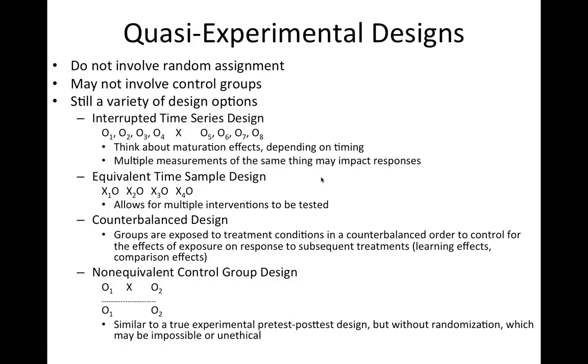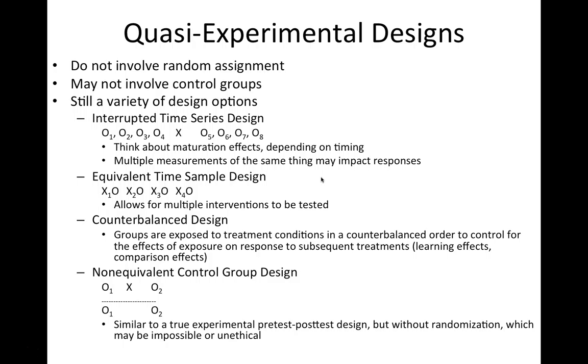And so we can counterbalance those to see if there are any ordering effects. So for example, if you learn about the basic educational components first and then get psychotherapy, versus getting psychotherapy first and then getting some educational component afterwards, we can see if there are any ordering effects in that way.